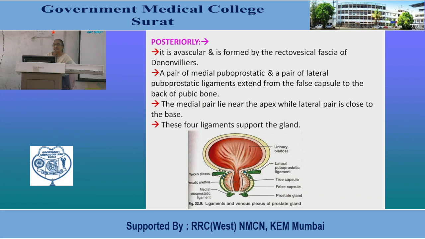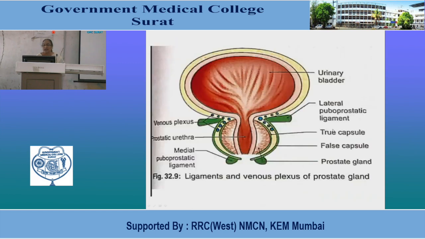In the given diagram, you can see the puboprostatic ligament. This is the true capsule, this is the false capsule, and between these two capsules the prostatic venous plexus is embedded.